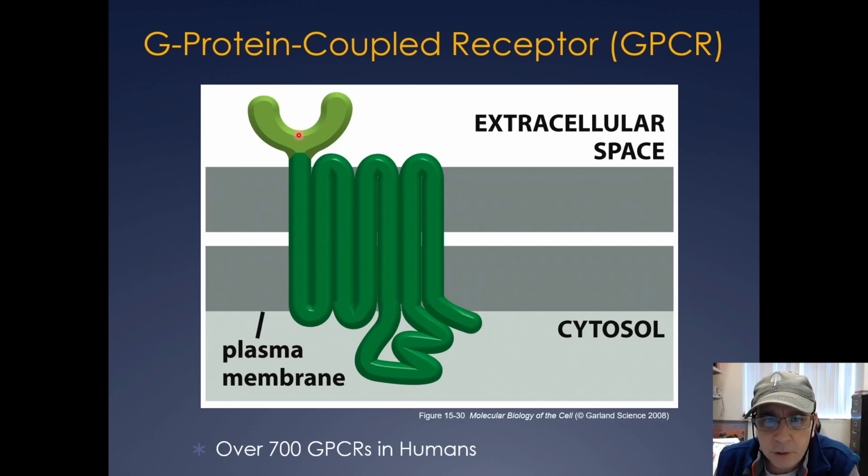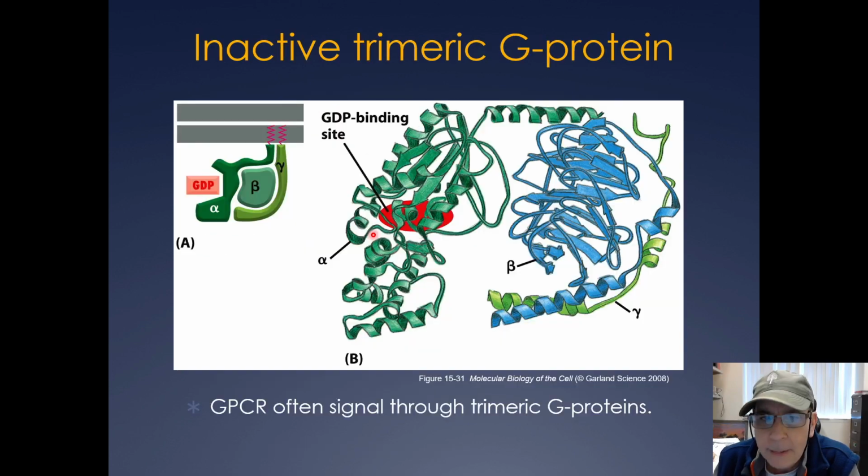And even though it's shown here as a schematic with a ligand binding domain, oftentimes the loop domains between the membrane spanning domains is actually where the ligand binding occurs. But this is a very good representation of what they look like.